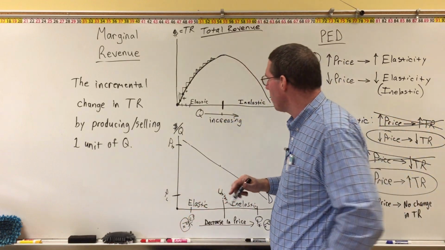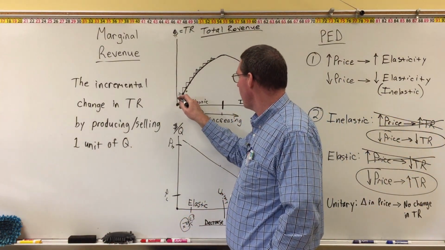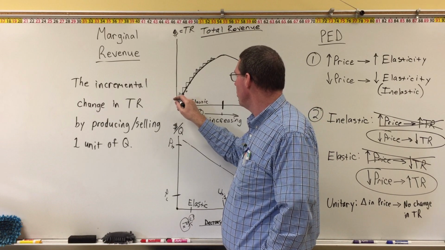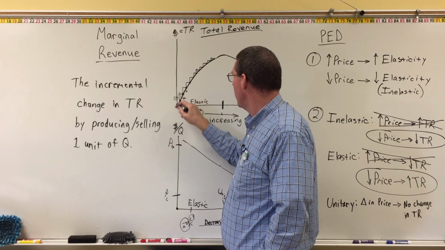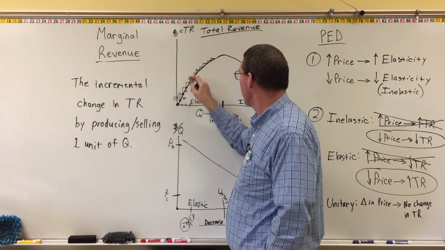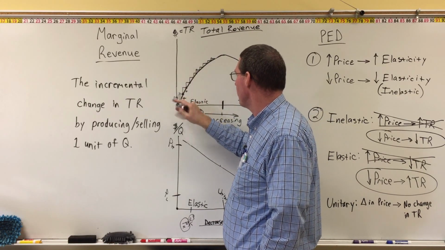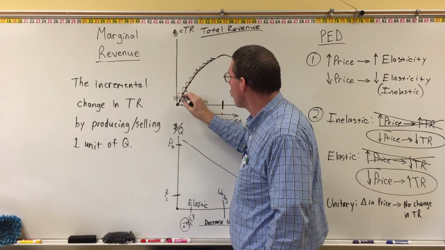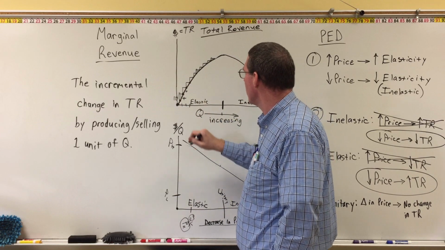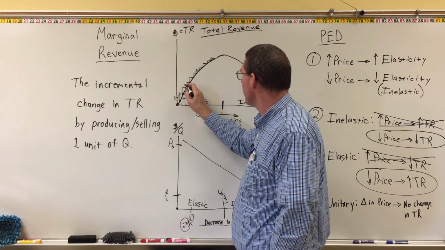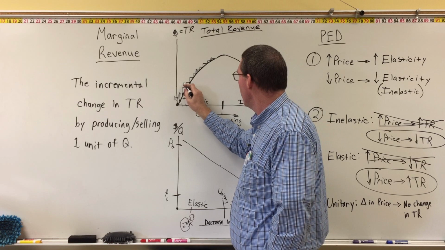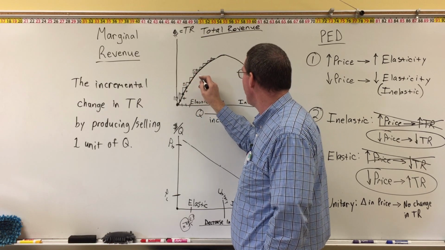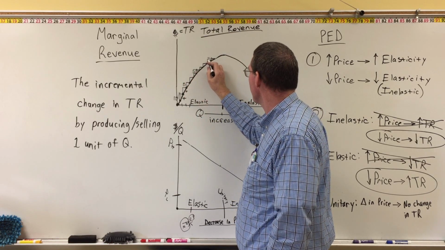If I were to put it in numbers, total revenue is increasing by 10 down here, but then around here, it's increasing maybe by 8. Here, it's increasing by maybe 5, and up here, it's only increasing by 2.